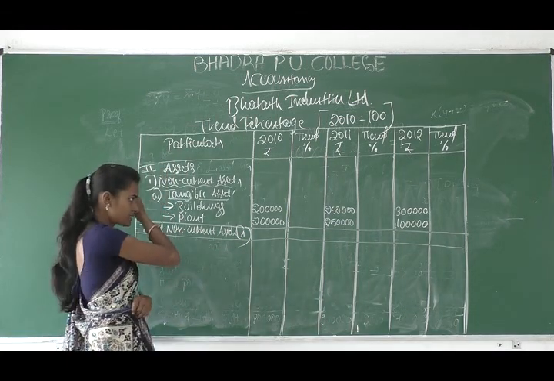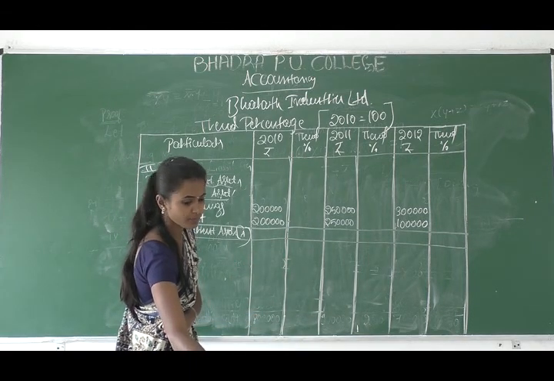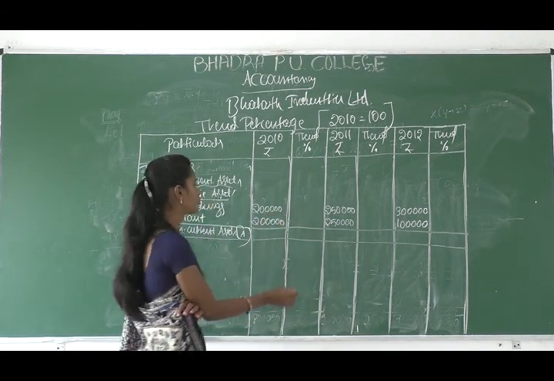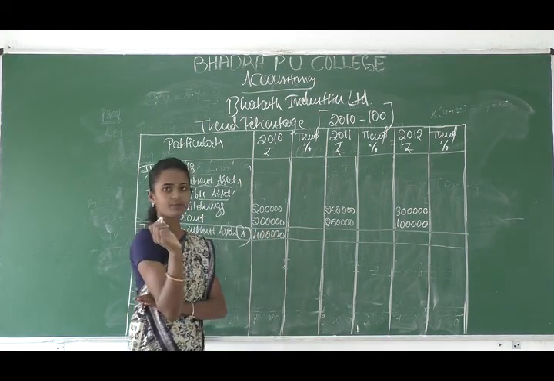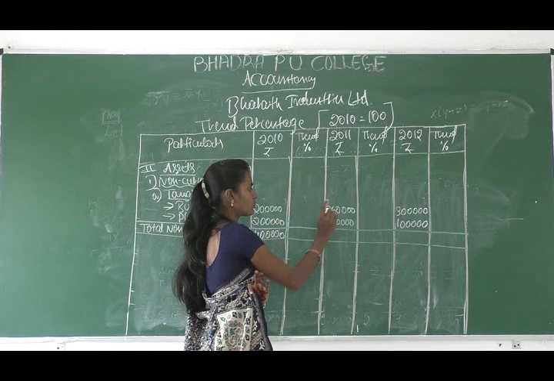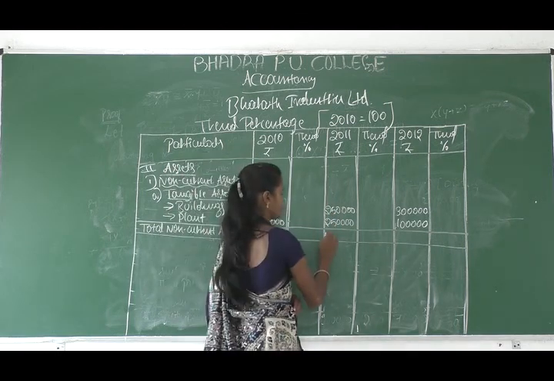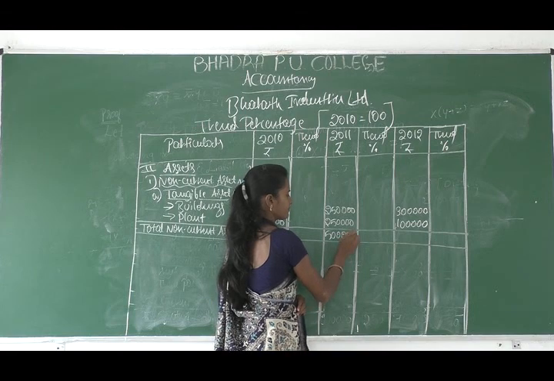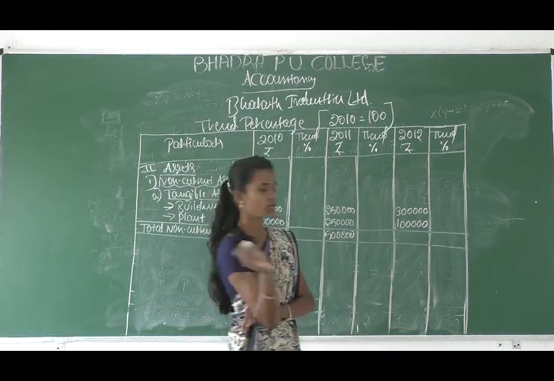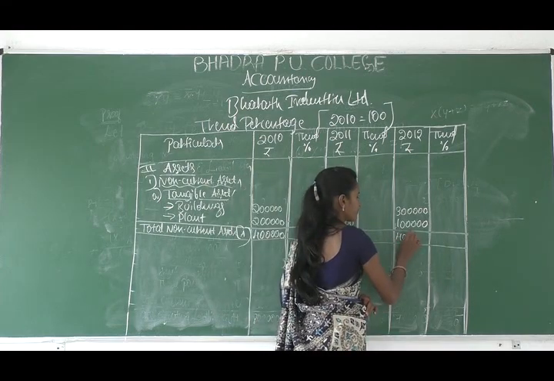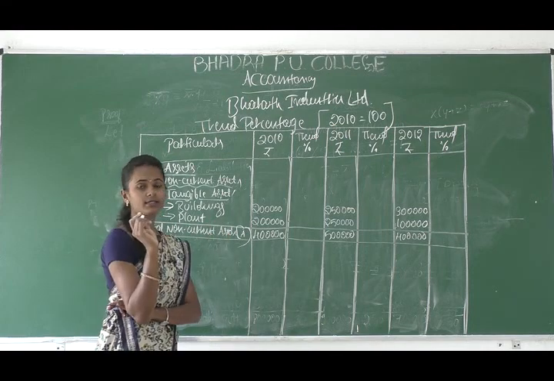This is considered as A. So yes, 2 lakh plus 2 lakh, it's 4 lakh, okay. And here 2,50,000 plus 2,50,000, it's 5 lakh, okay. And here 3 lakh plus 1 lakh, it's 4 lakh, okay. So this is the first one, that is non current assets.